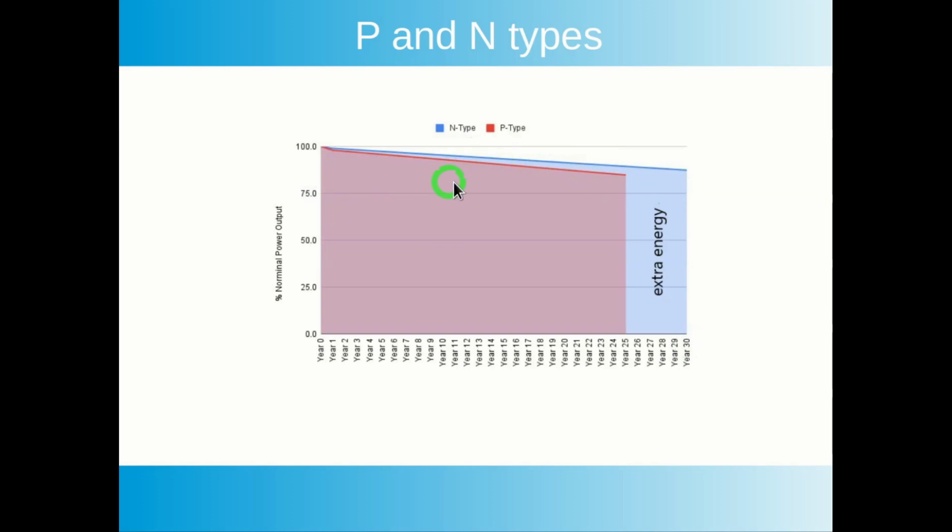Basically, the warranties are guaranteeing anything above 80%. So you can have a 25-year warranty for the P-type, and you can have a 30-year warranty for the N-type. And if the cost nowadays is almost similar, obviously you should be selecting the N-type if you can get it at a similar price.